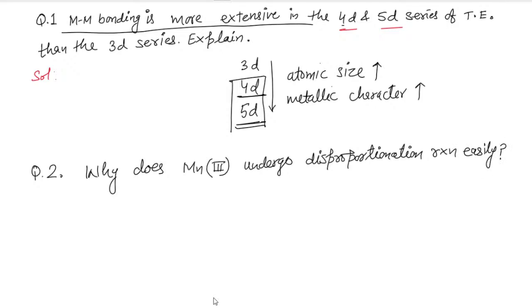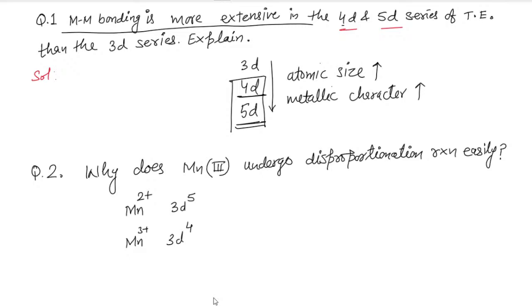If we compare Mn2+ and Mn3+, Mn2+ is 3d5 and Mn3+ is 3d4.